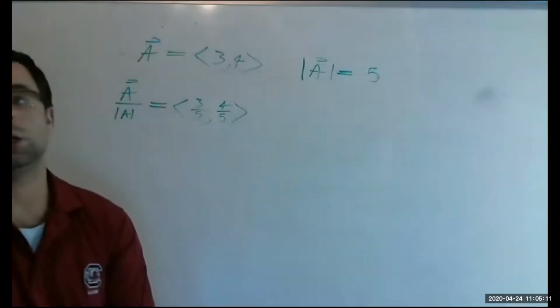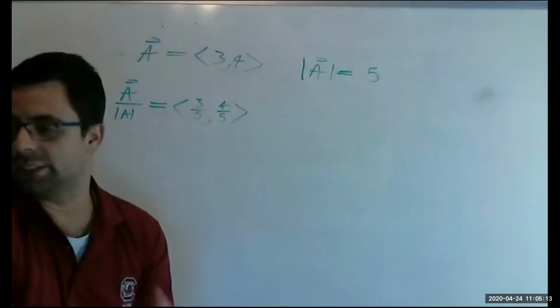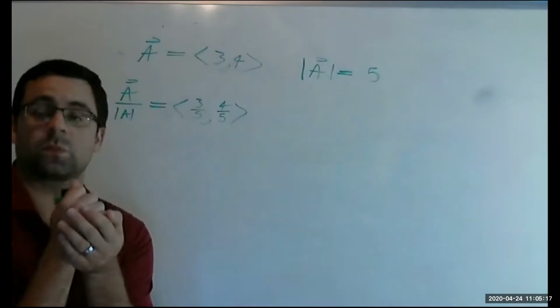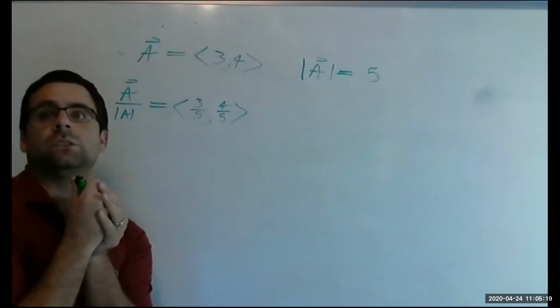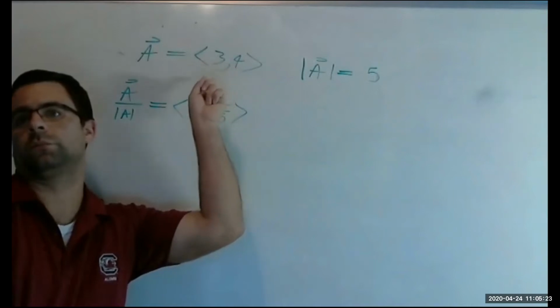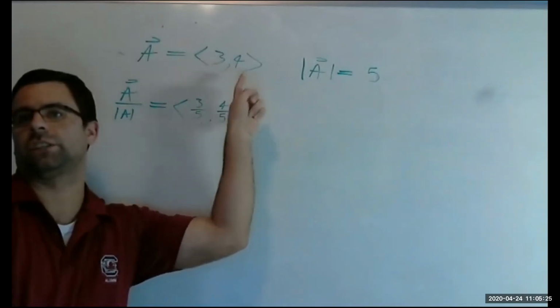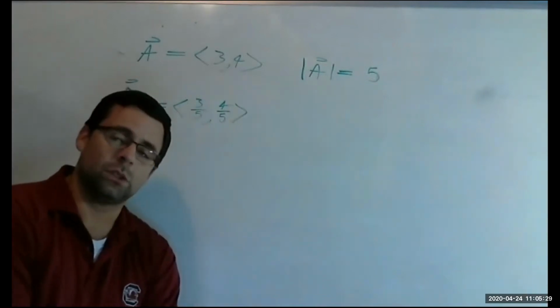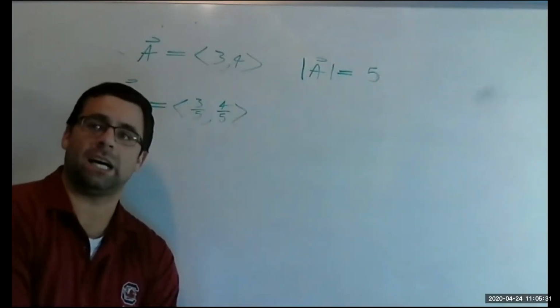This is where we ended off on Wednesday. We took a vector, A, in component form, 3 in the x direction, 4 in the y direction. We found its magnitude happened to be 5.